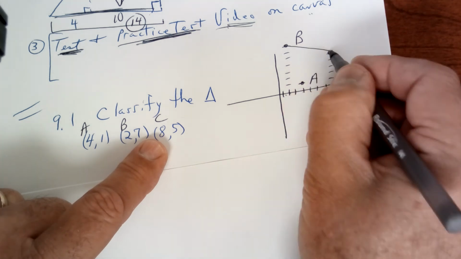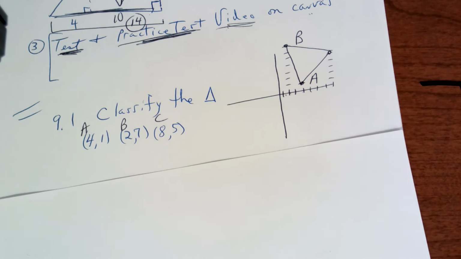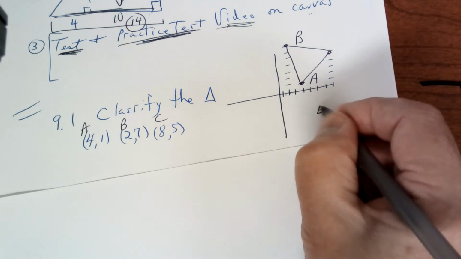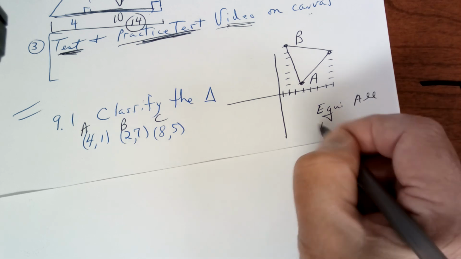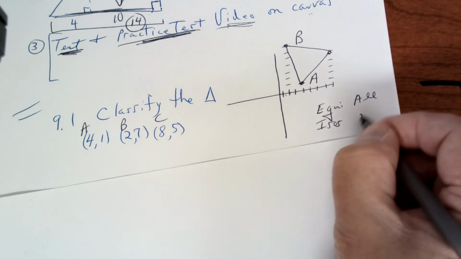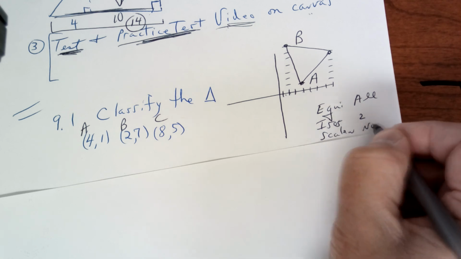Okay, so if you look at it, remember you have 3 types of triangles. You have an equilateral triangle with all sides equal, an isosceles triangle with 2 sides equal, and a scalene with no sides equal. Okay, make sure you know that.